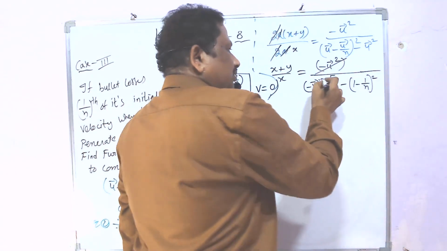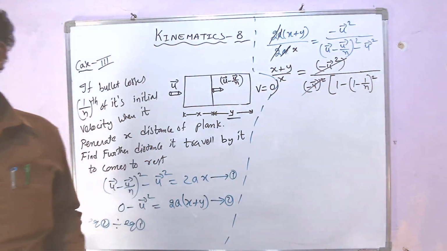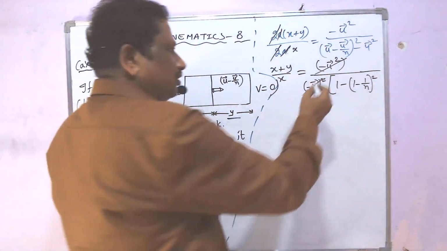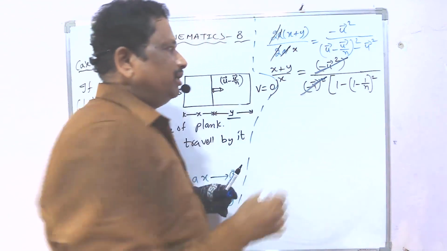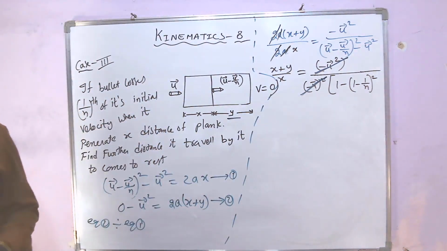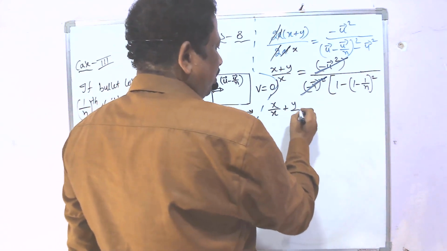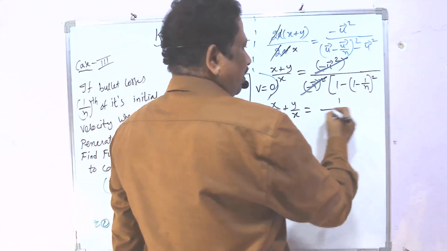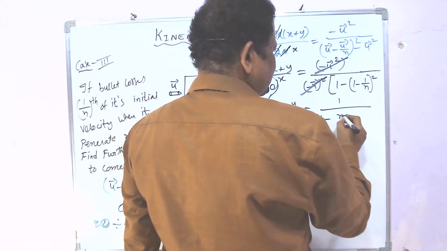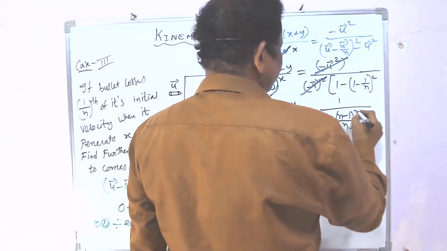The minus u square in the numerator and denominator gets cancelled. So now we get (x plus y) by x is equal to 1 by 1 minus (1 by n) whole square.